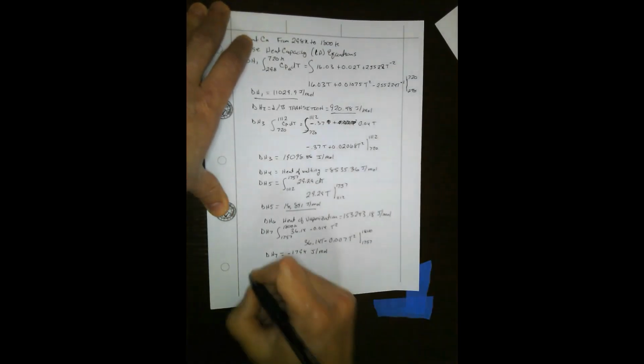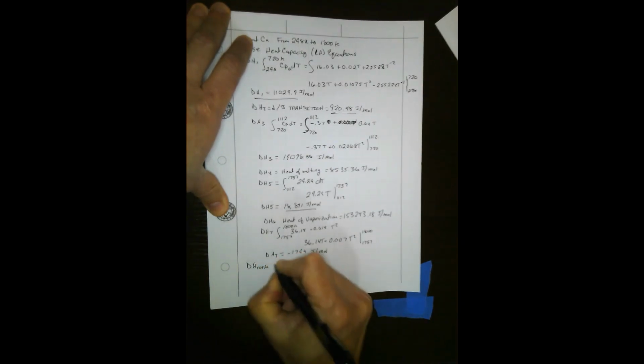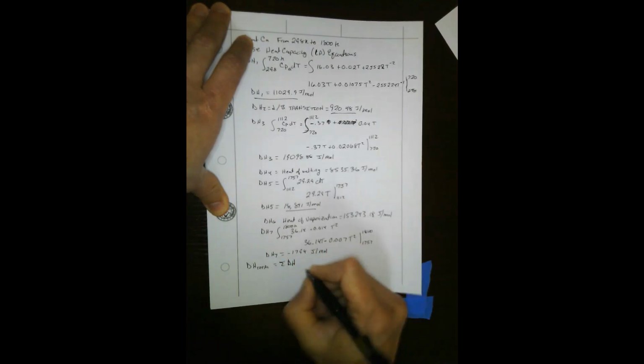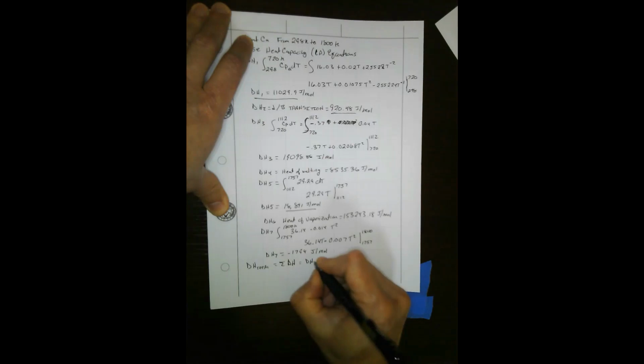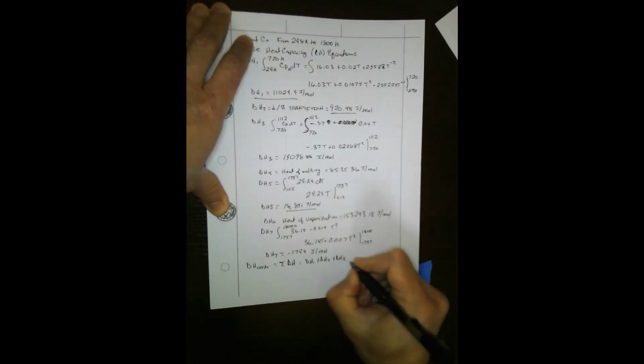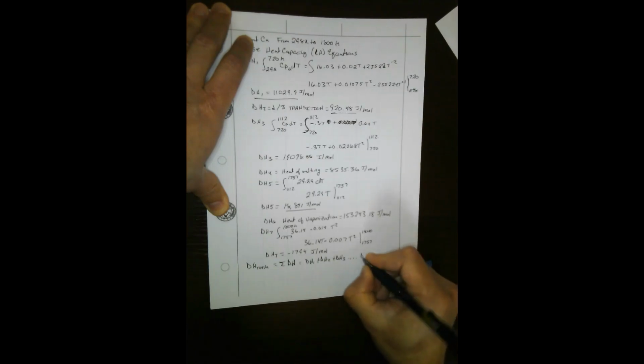You add them all up. The sum of delta H equals delta H1 plus delta H2 plus delta H3 through delta H7.